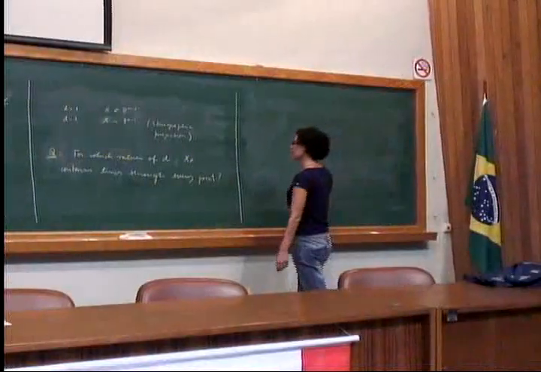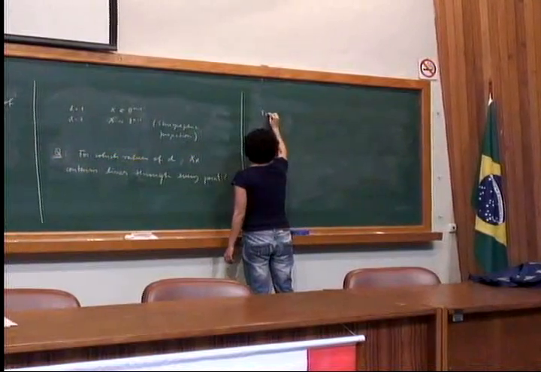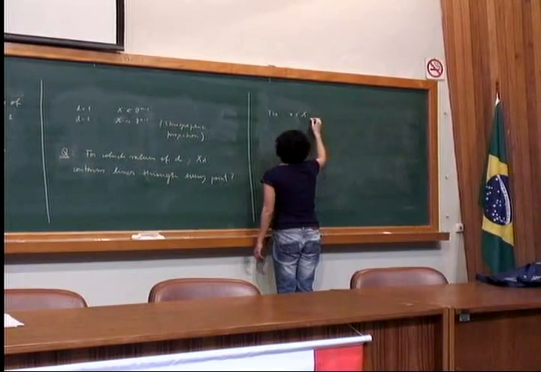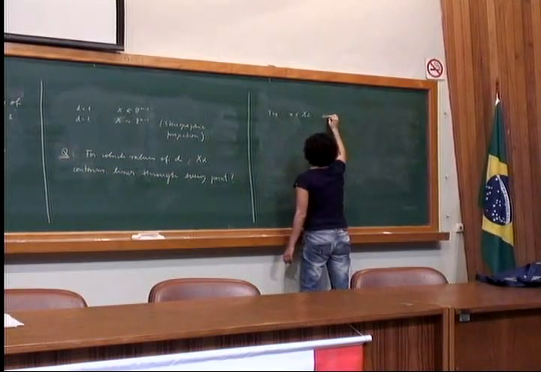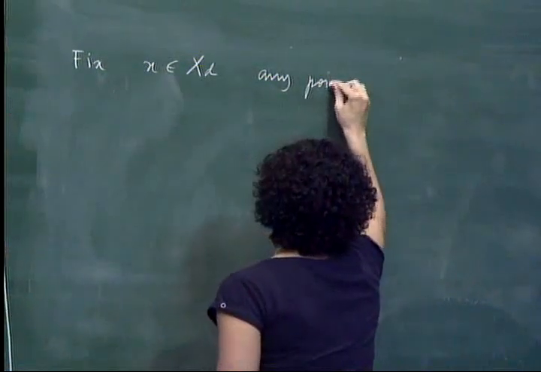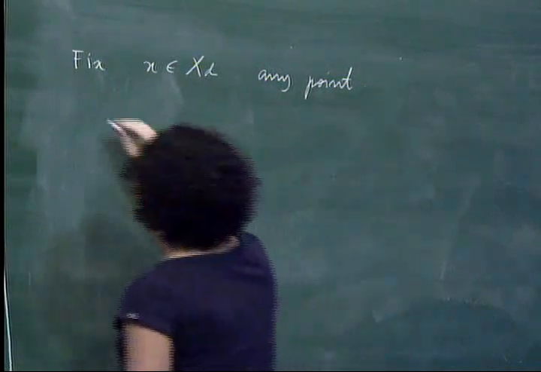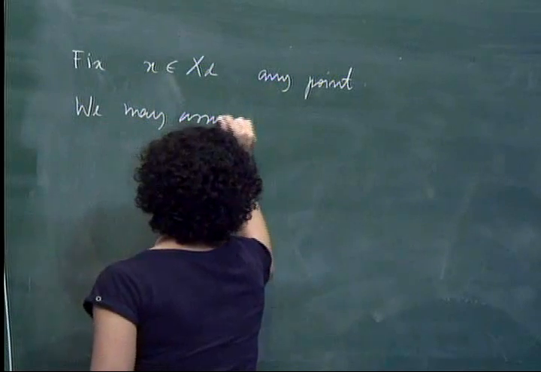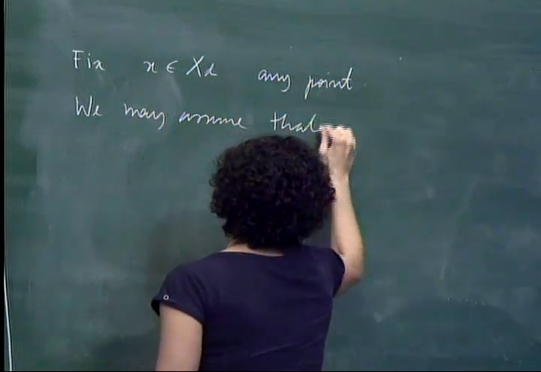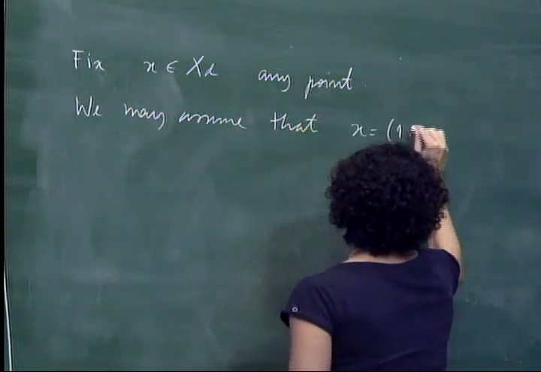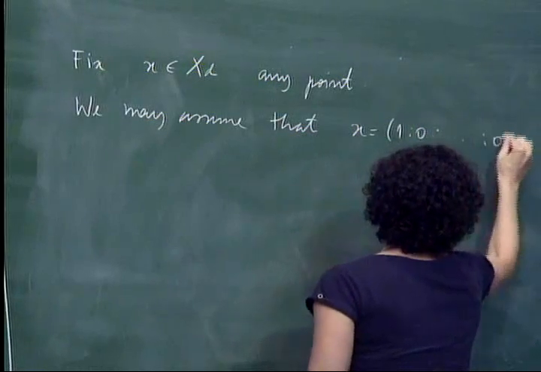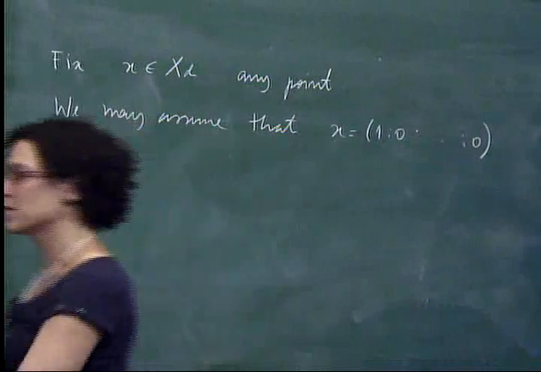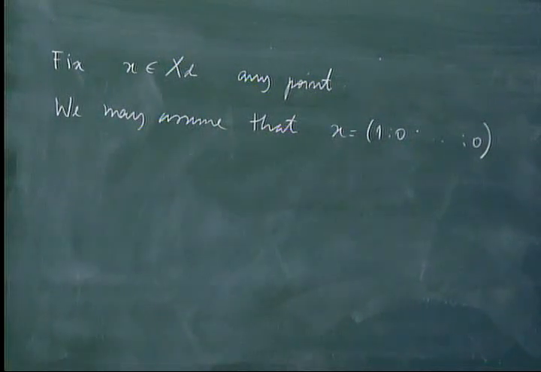So we fix x, a general point, well, any point of X_d. We may assume that x is this fixed point of P^n, just by making some linear transformation.